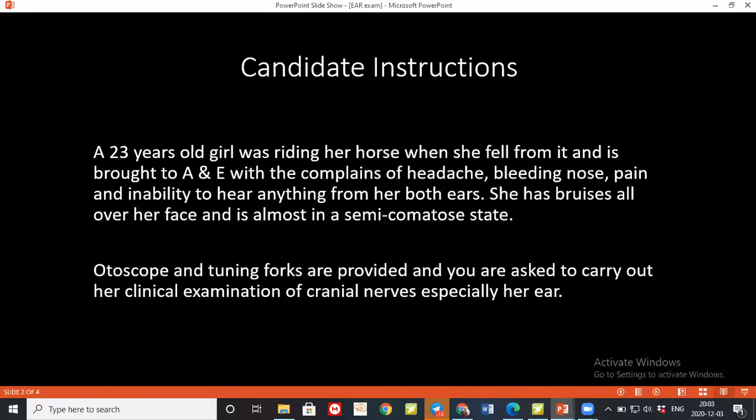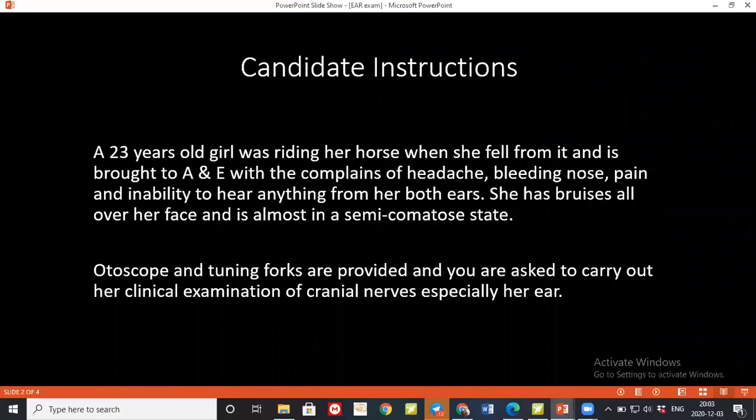If she can hear, she can tell me. I'll do that on both sides. In this patient, I can find that bone conduction is more than air conduction in either ear, I guess, as the patient had some kind of road traffic accident, some kind of injury over this area.